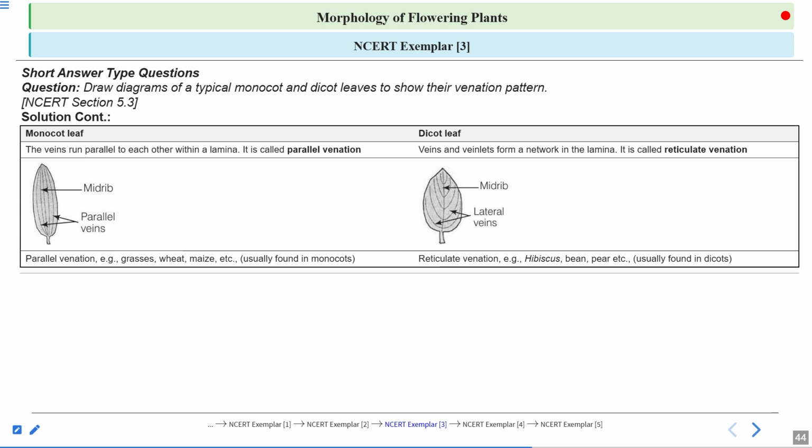Now, reticulate venation you see in the hibiscus plant, China rose as it is commonly called, bean, pear. Mostly you see this reticulate venation in dicot plants.